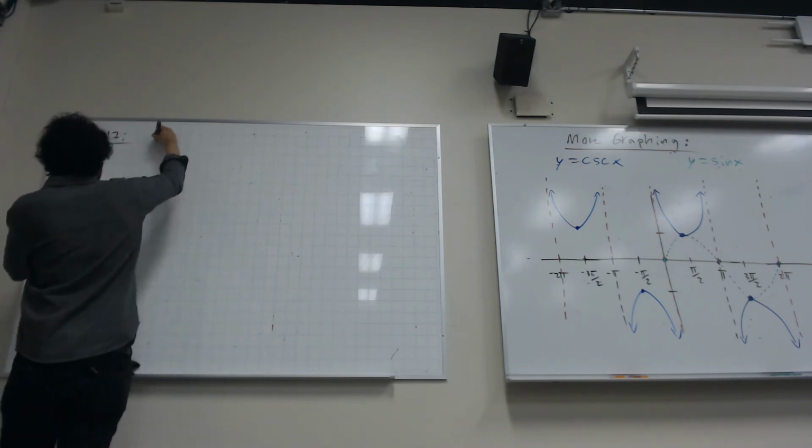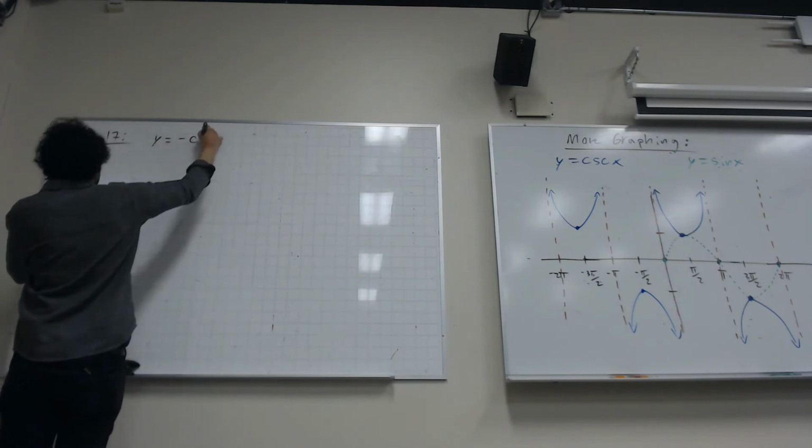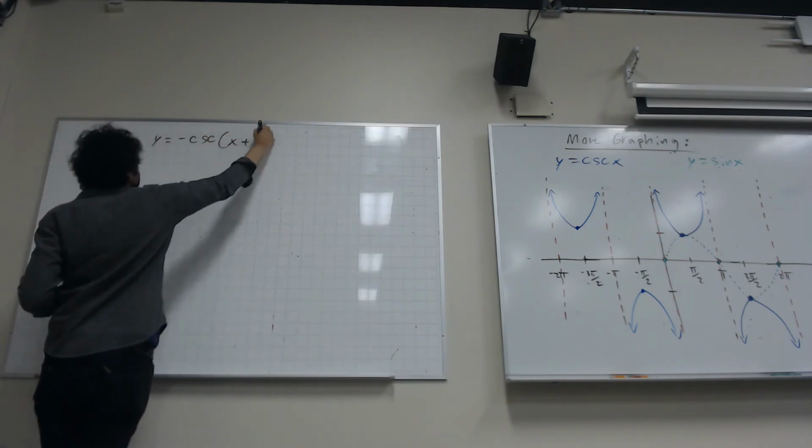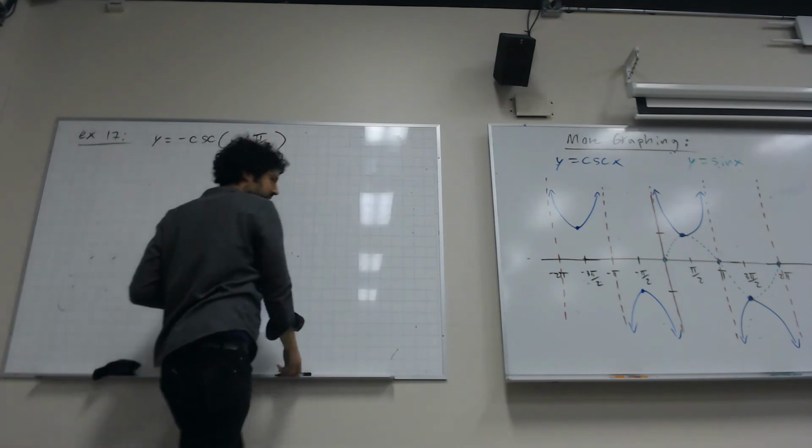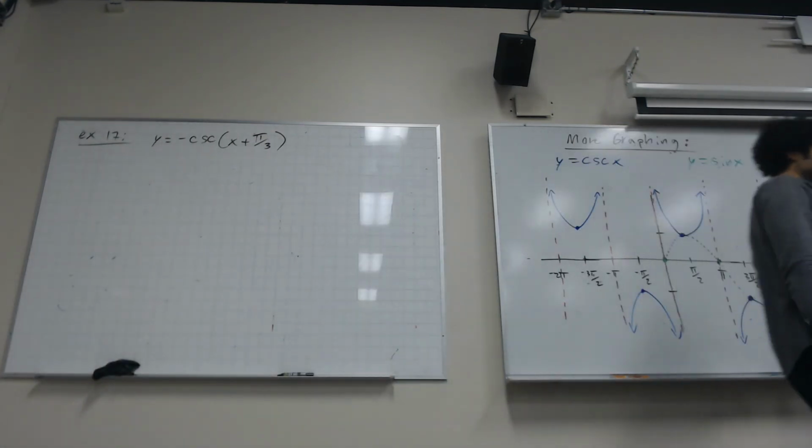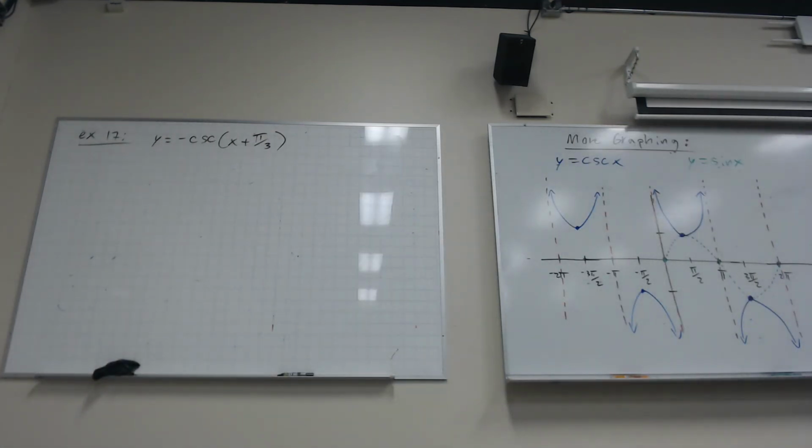Okay, let's graph y is equal to negative cosecant of x plus pi over 3. Oh, I forgot to also say the period. That's what I forgot to say. It is 2 pi, same as for sine.